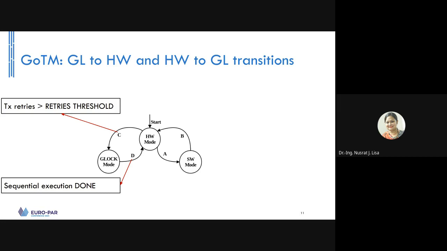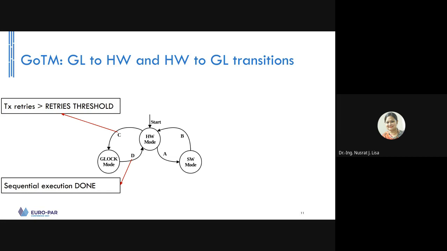I have a question regarding this current slide you are showing right now about the infrastructure that you made. In your system you have three modes: hardware mode, software mode, GLOCK mode. In your presentation you explained that you are switching from hardware mode to software mode and back according to some constraint.